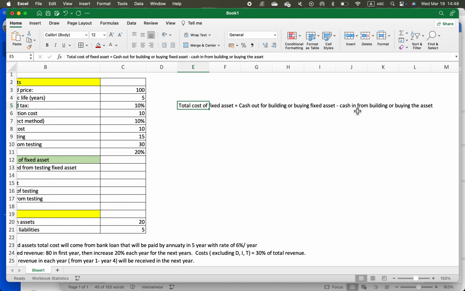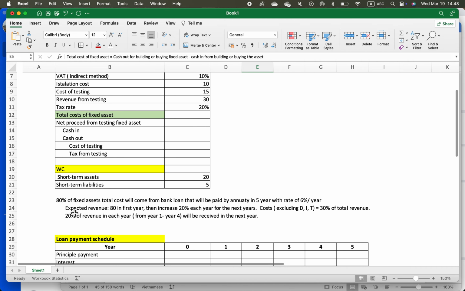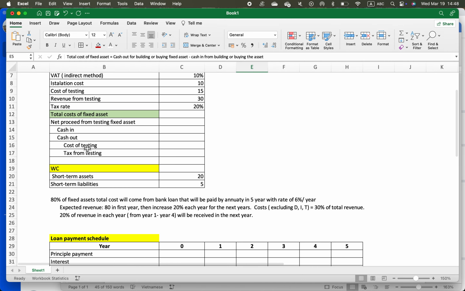And as you may know, the cash in from buying or building fixed asset is from testing the asset. So things like you buy a machinery, before you can use it for many years, you should test it before you use it.